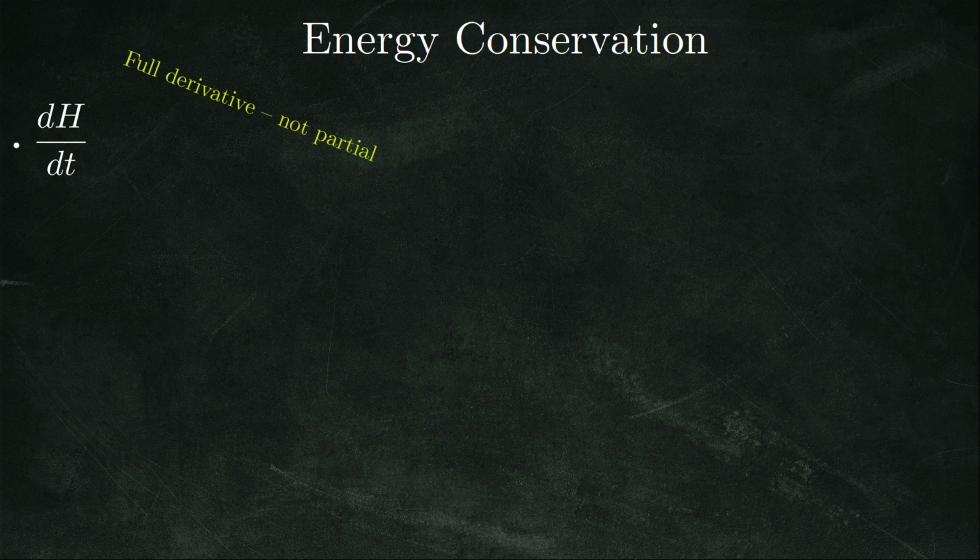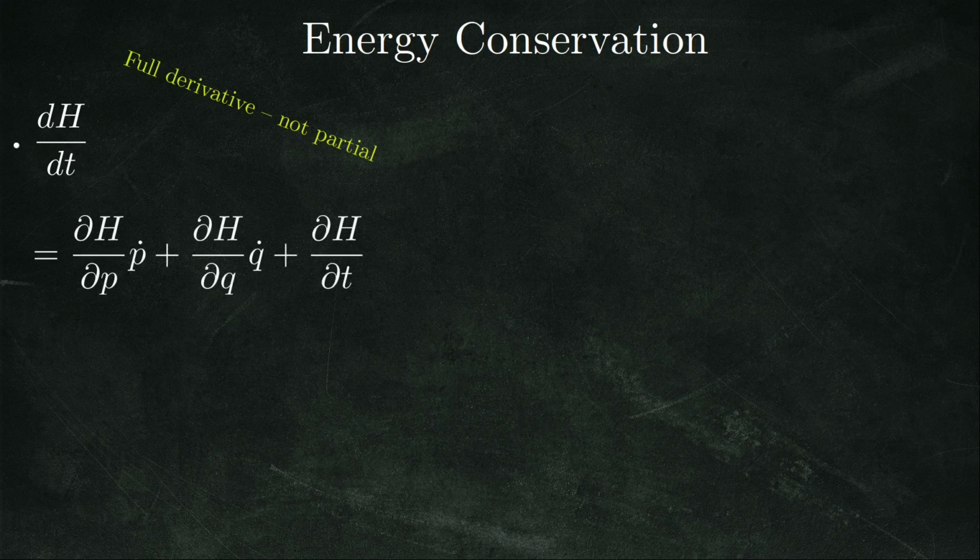So to start off, we expand this using the chain rule. And if there were multiple generalized coordinates and generalized momentums, we would sum over all of them. But I'm just going to assume there's one generalized coordinate and one momentum. So now we substitute in Hamilton's equations for dH/dp and dH/dq to get q dot and p dot respectively.